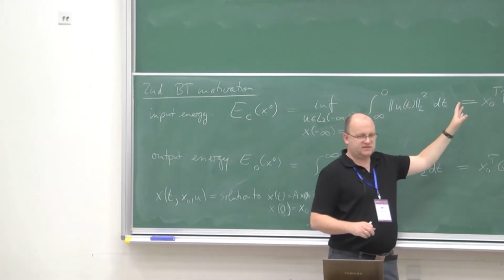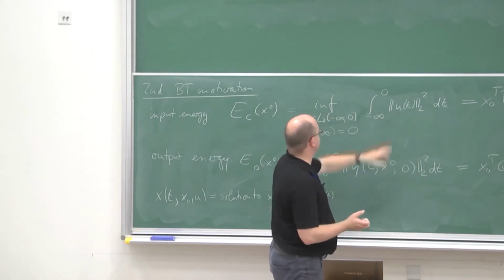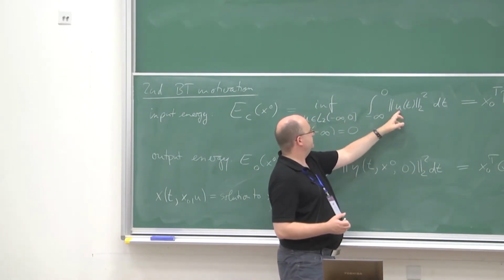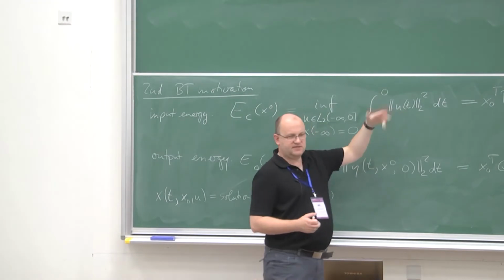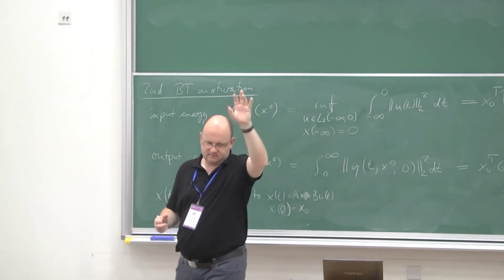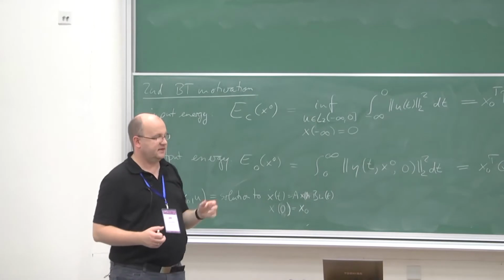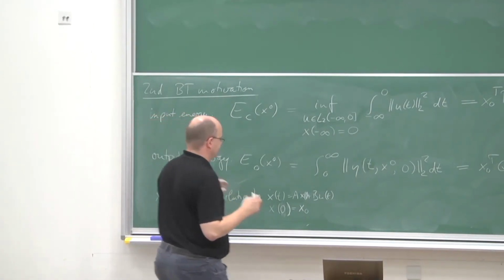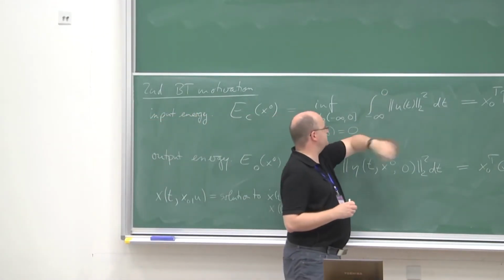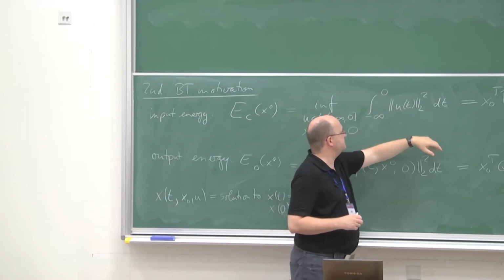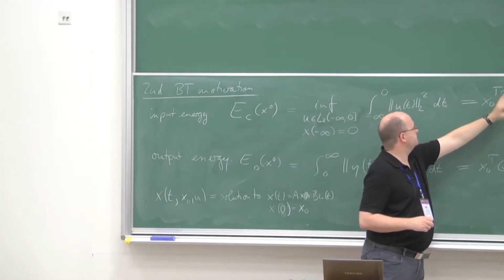That's similar to what we did in the Hankel proof. You make an ansatz like b transpose e to the a transpose minus something times x0.